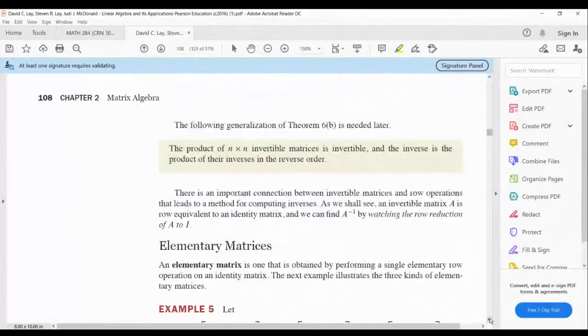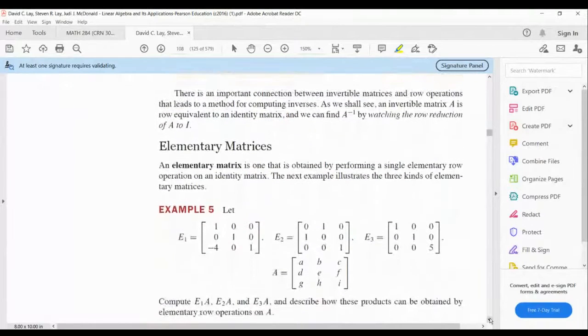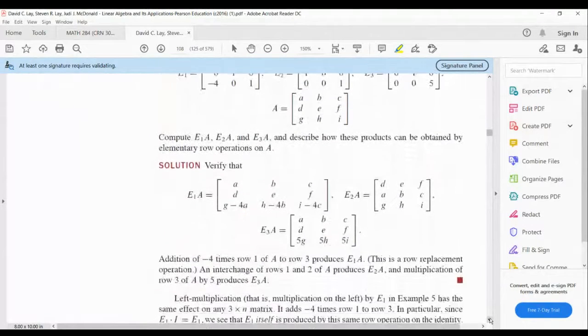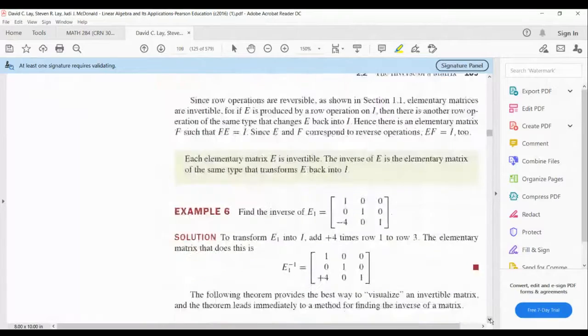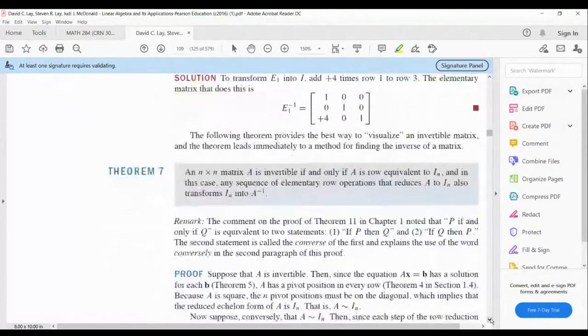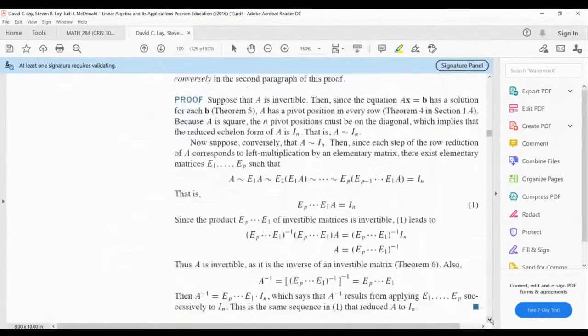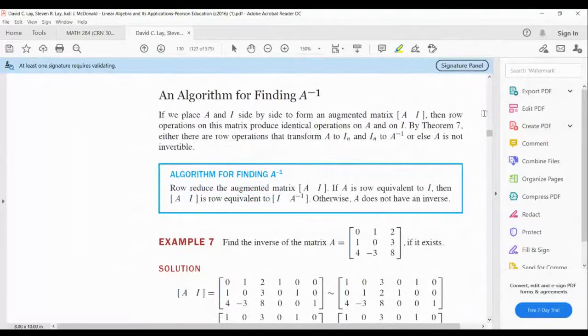So let me go down a little bit here. Okay, an algorithm for finding A inverse. And I'll theoretically justify this algorithm.